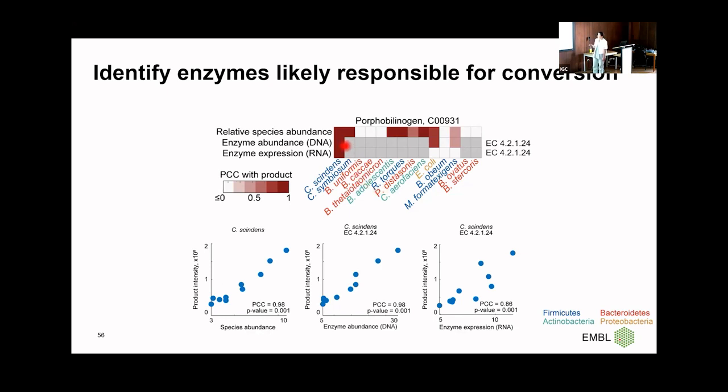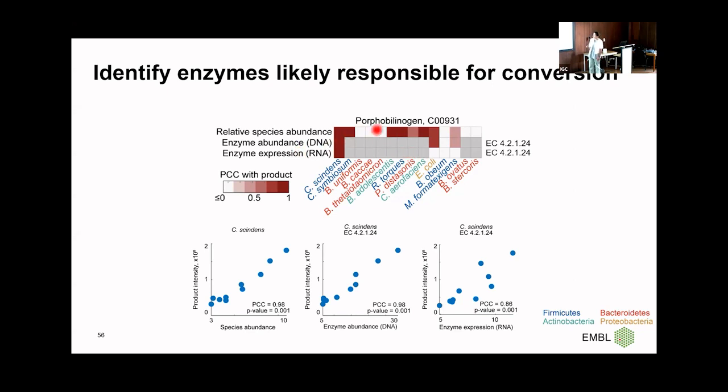So here, what I'm showing you in this heat map, in the top row is the correlation between microbial abundance and porphobilinogen abundance. So the correlation between microbial abundance and metabolite levels. And there were like half of the species in our community correlating with the levels of metabolites.